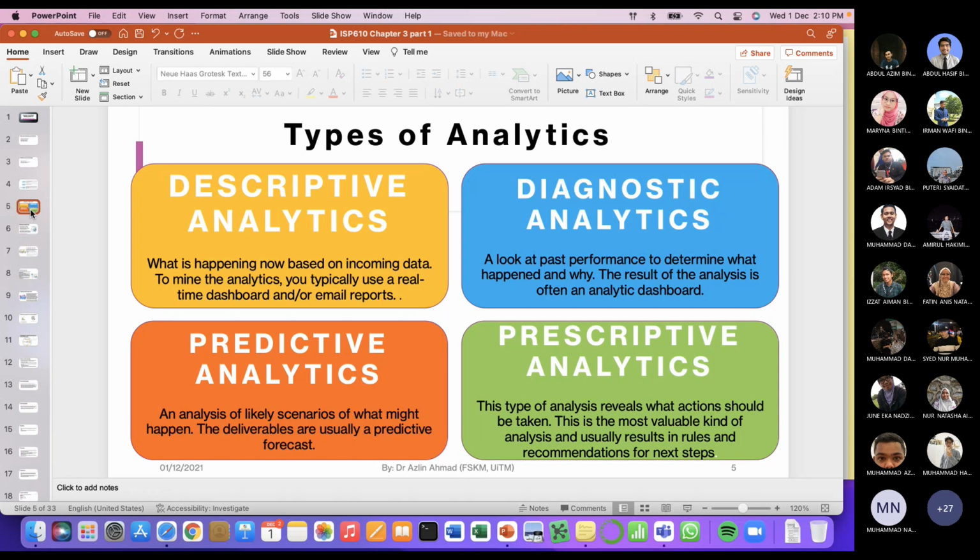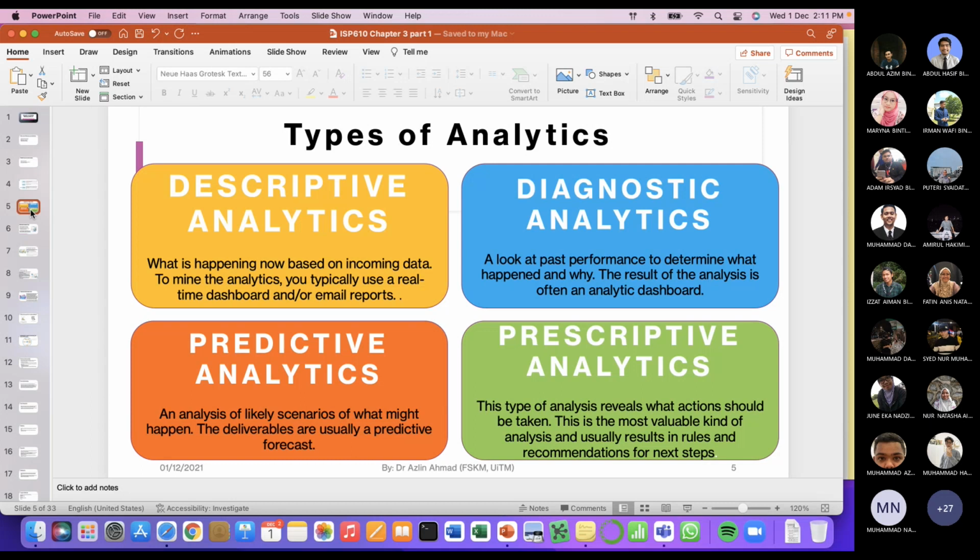The output for this predictive analytics is definitely the predictive model. And the last one is prescriptive analytics, where it explains what actions should be taken, meaning that from predictive analytics, we will know what will happen in the future. So what actions should be taken if the situation happens?